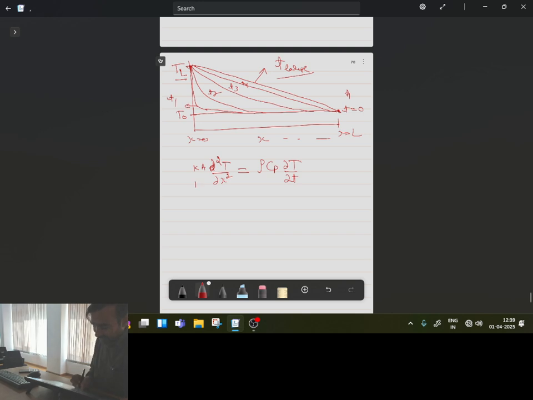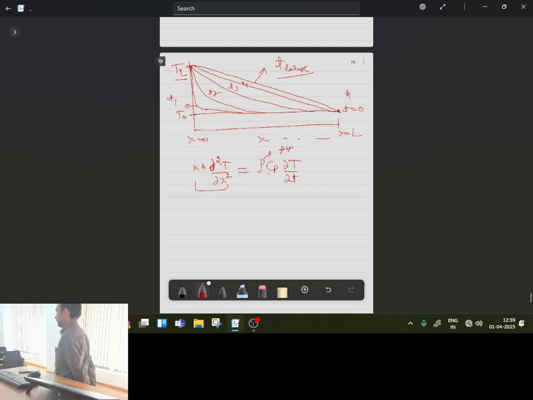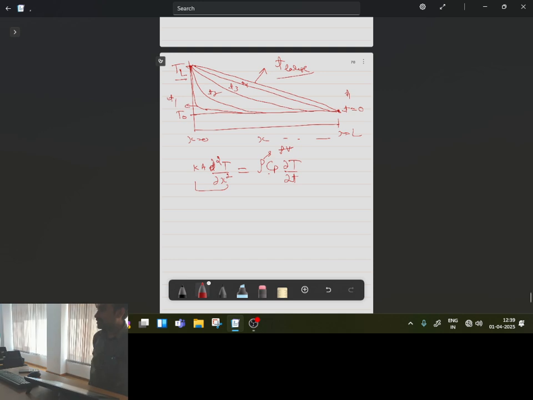The left hand side is written on a per unit volume basis, so that's why in the right hand side also I am writing it on a per unit volume basis. So mass is rho into V. If I do it per unit volume, then V is gone. Is this one clear? Now what I will be getting?